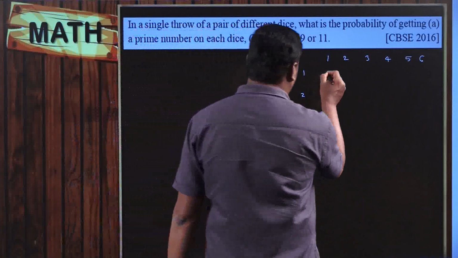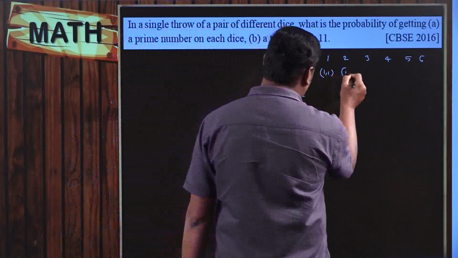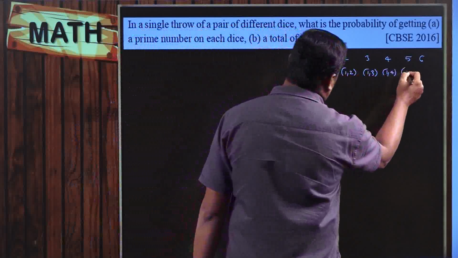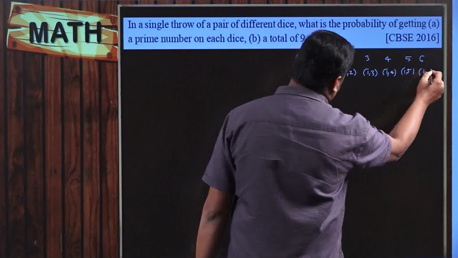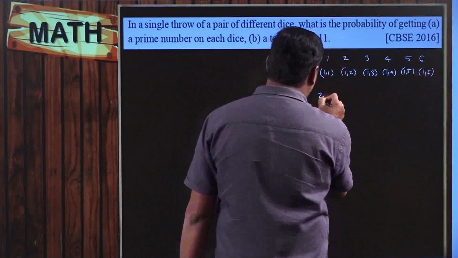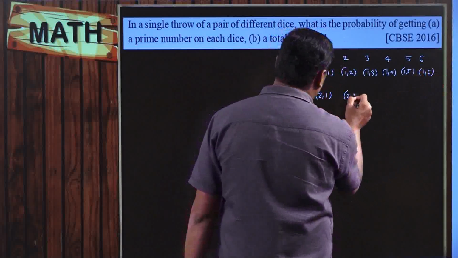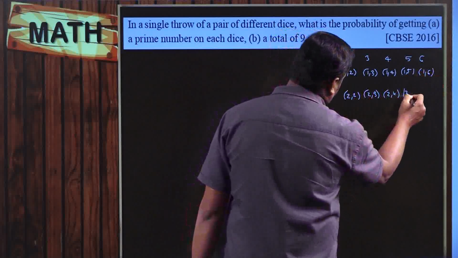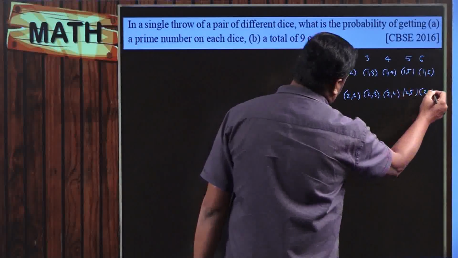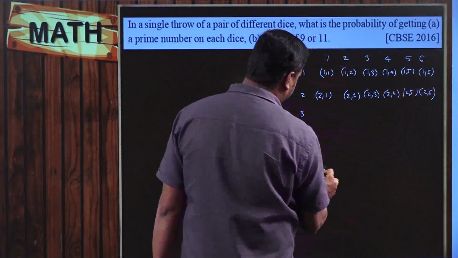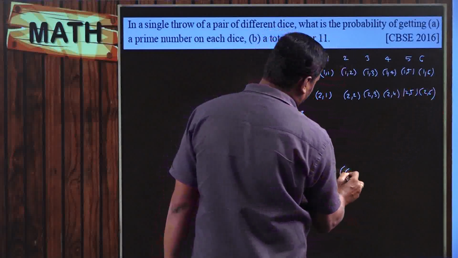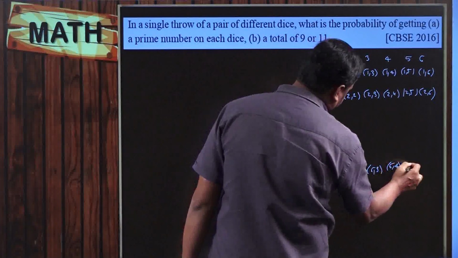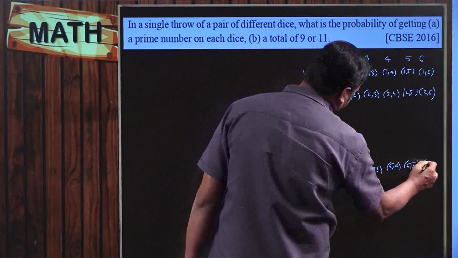So here 1 comma 1 and 1 comma 2, 1 comma 3, 1 comma 4, 1 comma 5, 1 comma 6 and 2 comma 1, 2 comma 2, 2 comma 3, 2 comma 4, 2 comma 5, 2 comma 6. So similarly we have 6 comma 1, 6 comma 2, 6 comma 3, 6 comma 4, 6 comma 5 and then 6 comma 6.